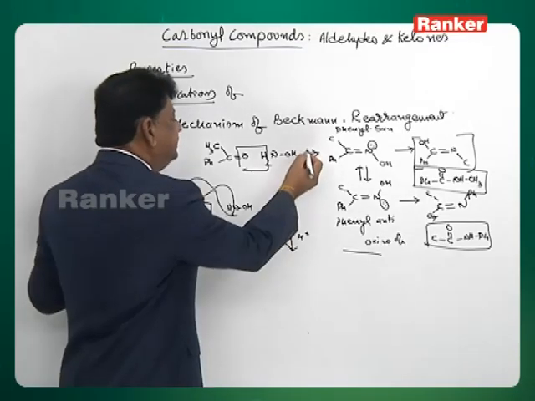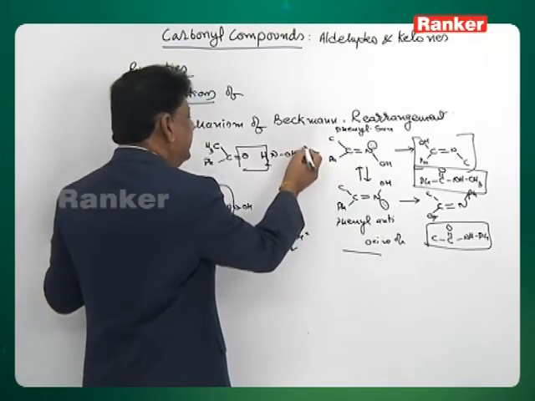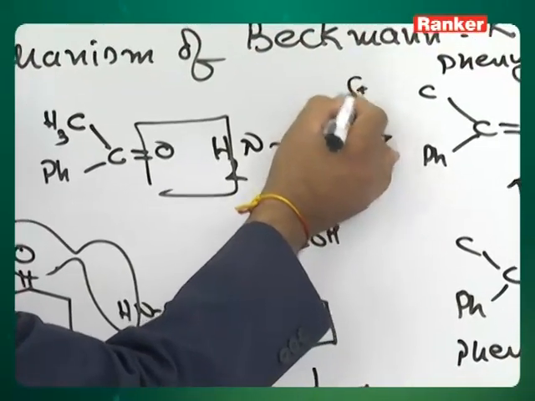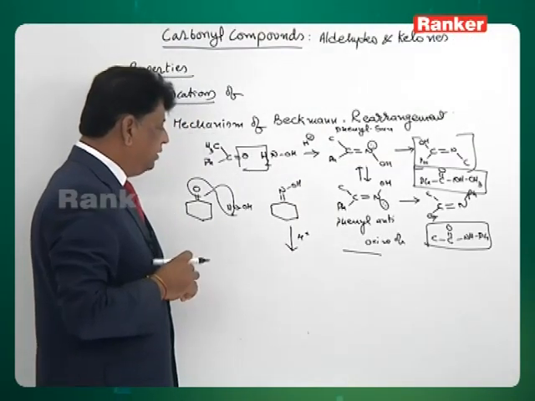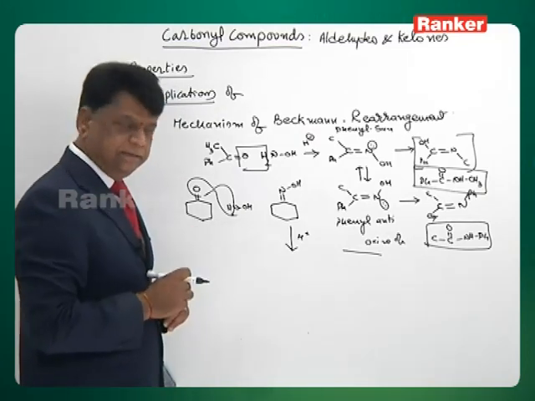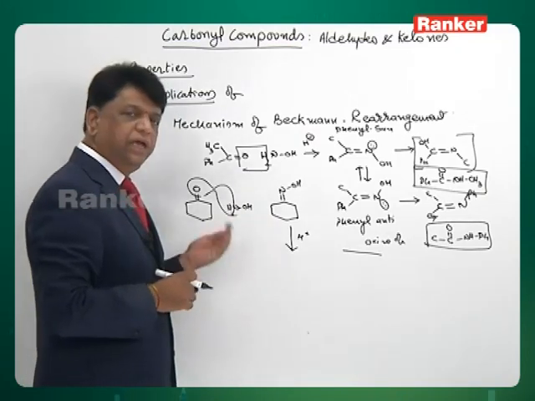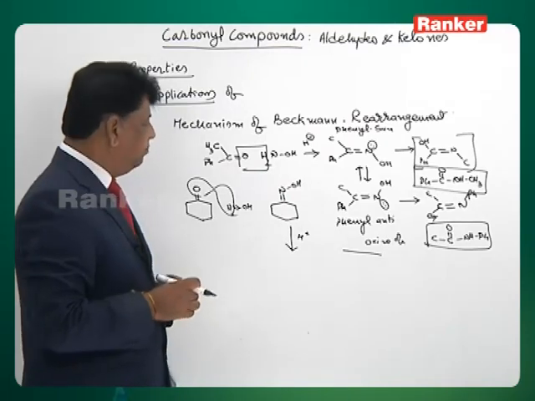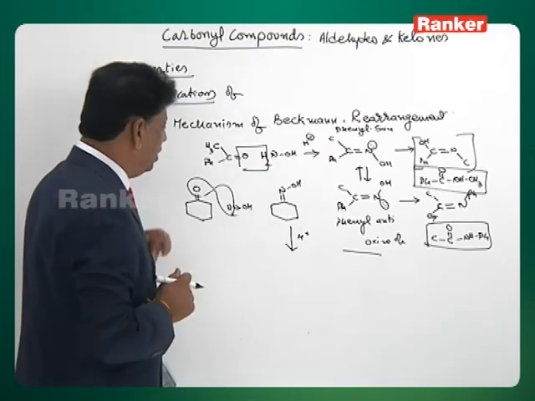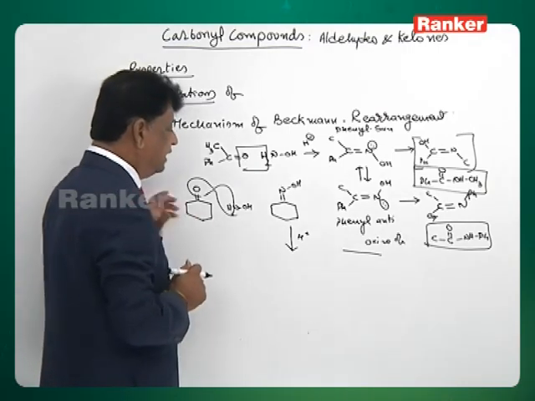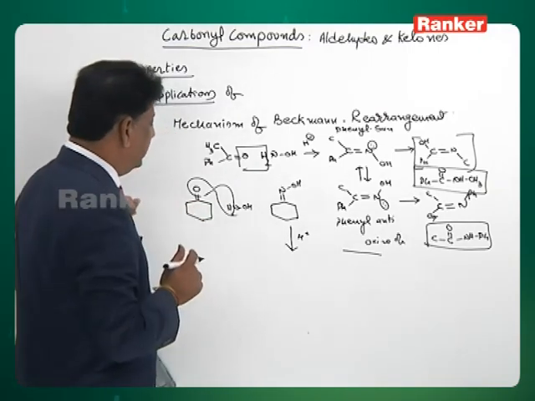The catalyst for catalyzing the reaction is the strong acid, that is concentrated sulfuric acid, the classical example. But not necessarily concentrated sulfuric acid. You can have any Lewis acid like PCl5, thionyl chloride, aluminum chloride, BF3 and so on also can be utilized. Even acetic anhydride can give the reaction.